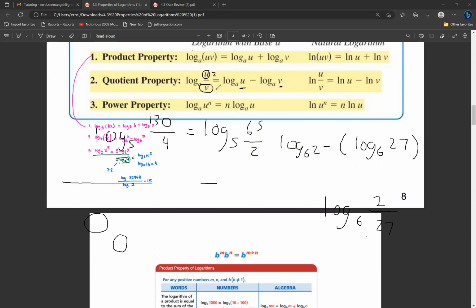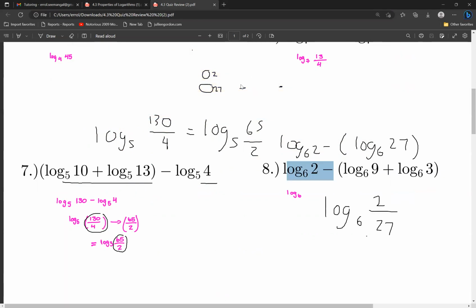So 2's on top, 27's on the bottom. My first one is 2, my second one is 27. So the 2 is the numerator, 27 is the denominator. And that's your final.